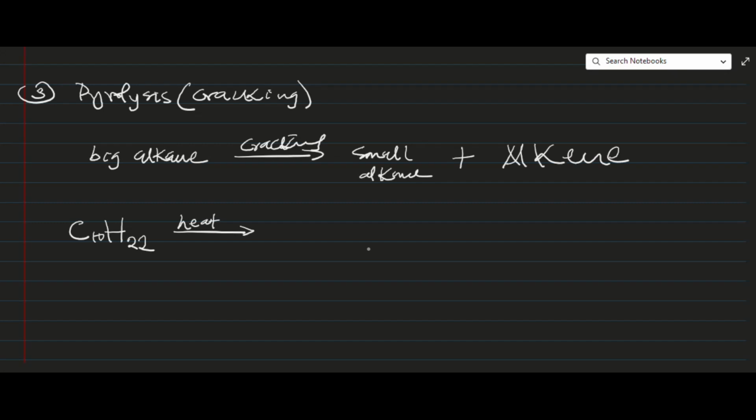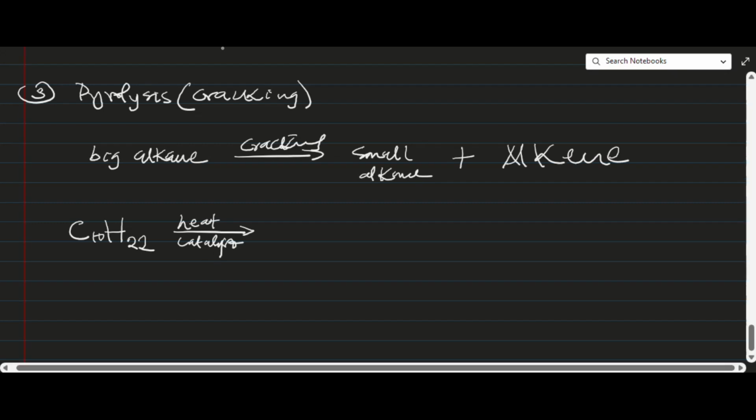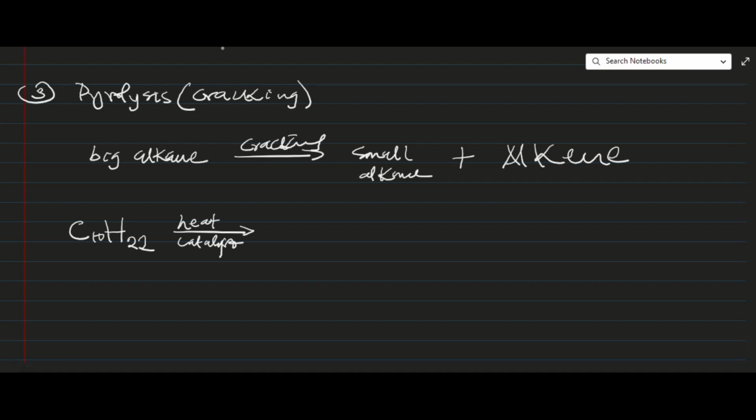When you use heat and catalyst, that is catalytic cracking. If you use only heat, we just call it cracking. Okay, so heat, let me add catalyst as well. This is important, because they may ask you to write this kind of reaction.